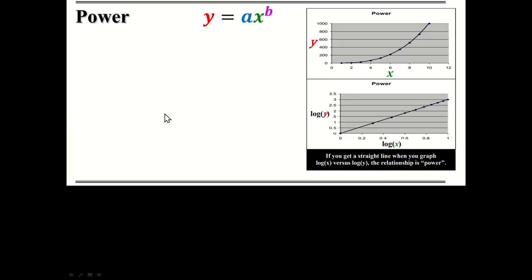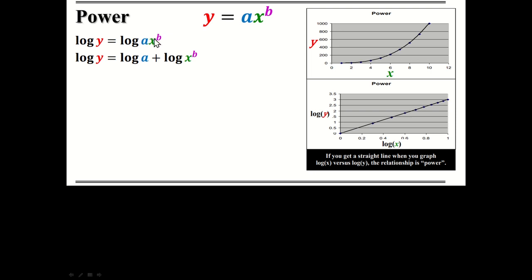All right, I think we're good with linear. The trick is, how do we take this and turn it into that so that we can find a and b? So let me hopefully not scare you too much, but we're going to take the log of both sides of this. The log of y equals the log of a x raised to the b. Now we're going to use those 3 rules that were on the previous, or 2 slides earlier.